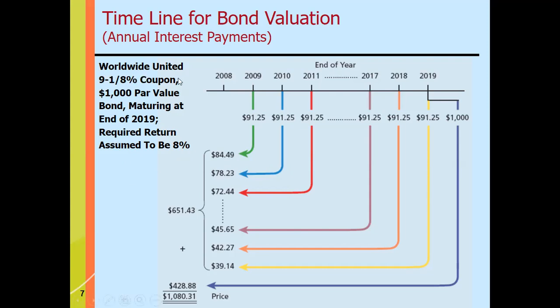We have the given rate, 9 and 1/8%. We have the par value for each bond, and then we have the maturity date at 2019. Then we have the discount rate at 8%, which is effective. This is the coupon or stated rate. And then we now have to compute the price.